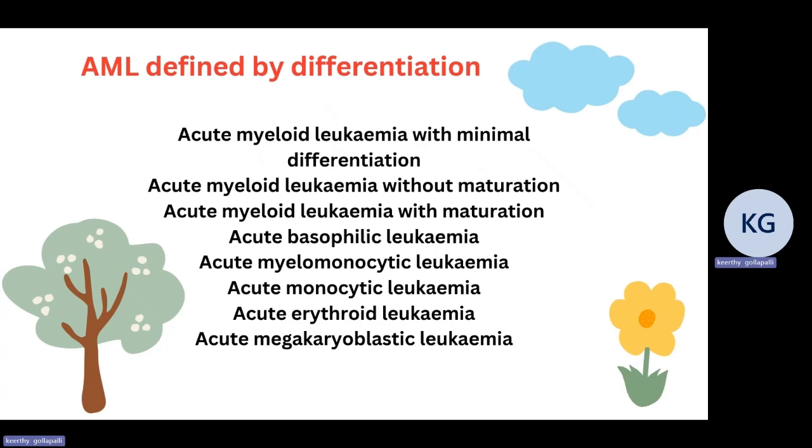So this is the same as your previous FAB classification. One more time, how will you remember? AML with minimal differentiation, AML without maturation, AML with maturation, acute basophilic leukemia, myelomonocytic leukemia, monocytic leukemia, erythroid leukemia and megakaryoblastic leukemia, right? This is easy.